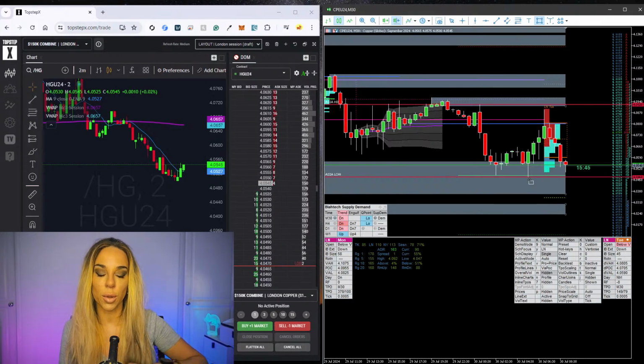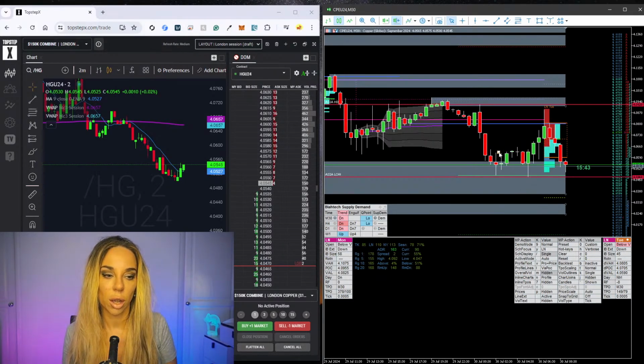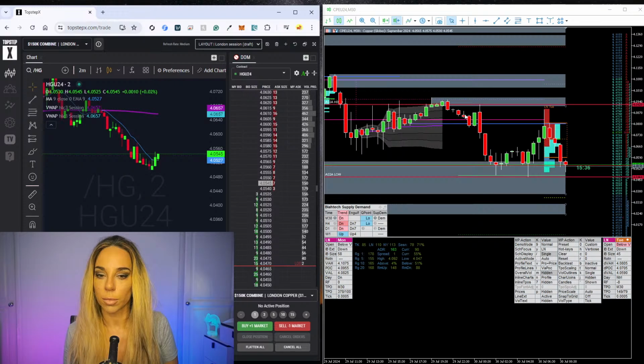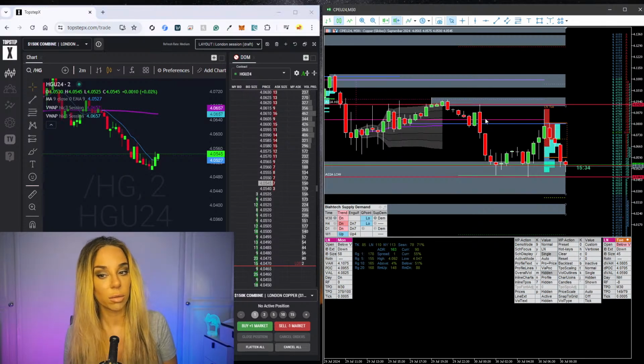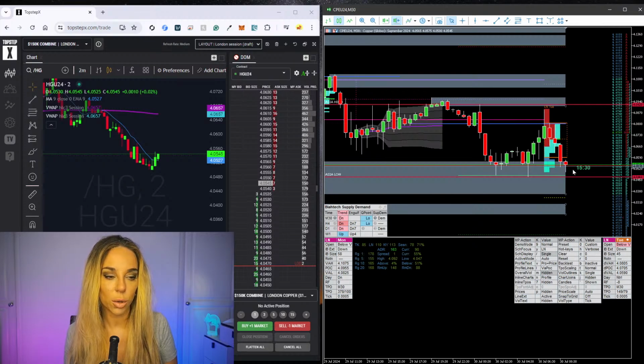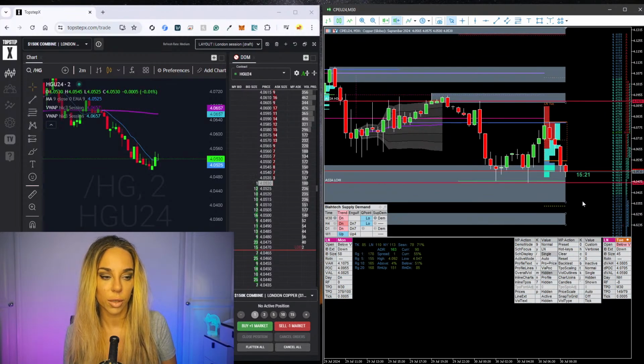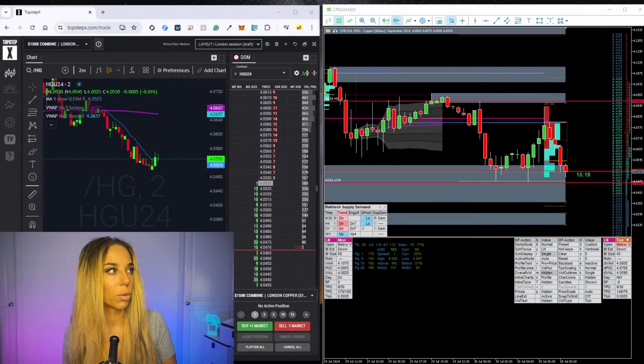So once COMEX opens, I'm not going to be trading copper. I kind of doubt that I'm going to be trading my live account today either. So yeah, this might be the only trade I do today. I don't want to fade this because we have single prints. That's a strong auction. But Asia low so far, slow to give us the follow through.